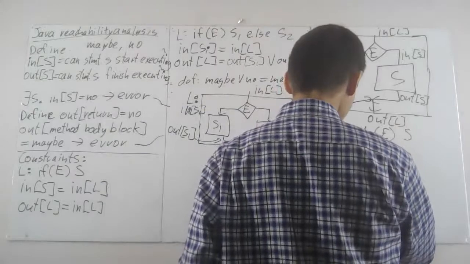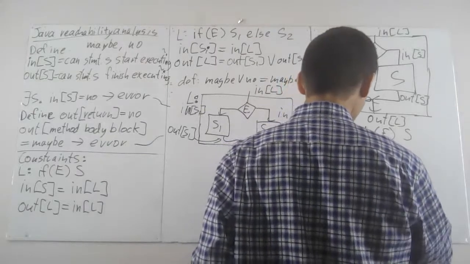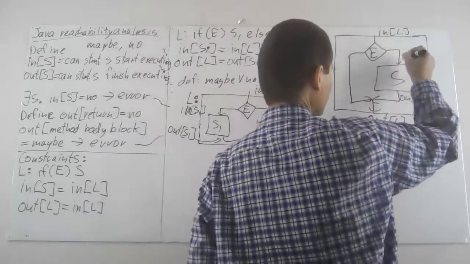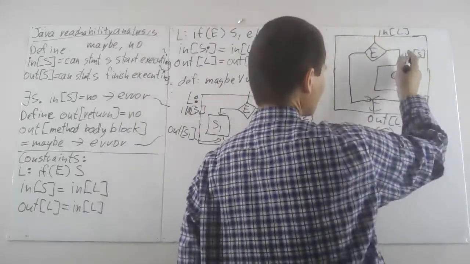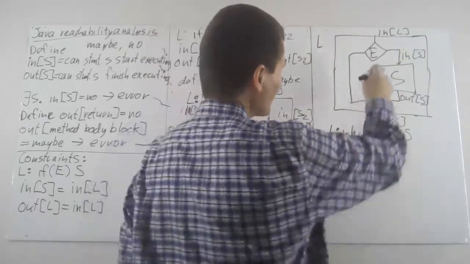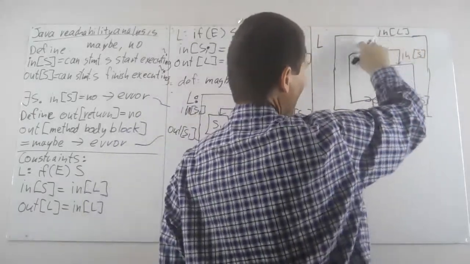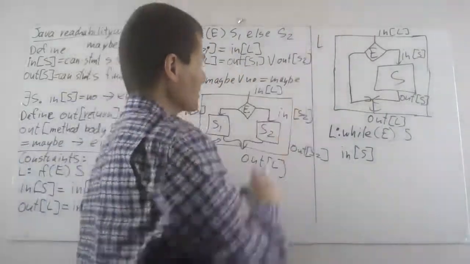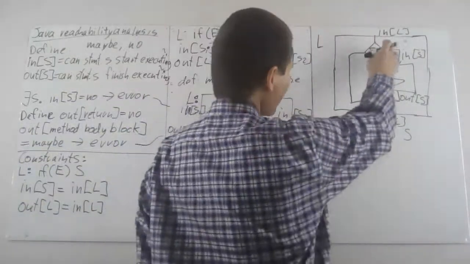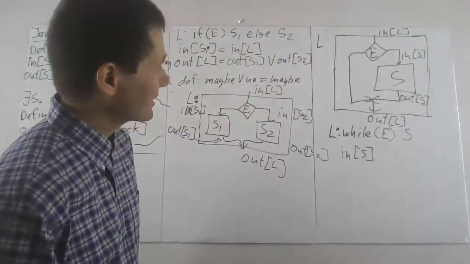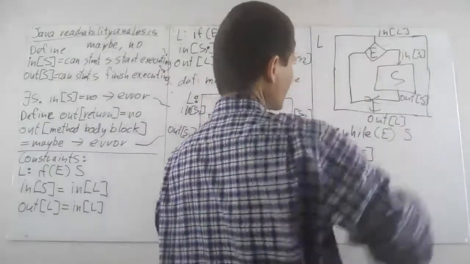I need an equation for in of S. You just look at the flow chart and see how I get to in of S. Well, I go through in of L, and then the expression. I'll say more about the expression, but for now, we're assuming that we don't know whether the expression is true or false, so we just ignore the expression.